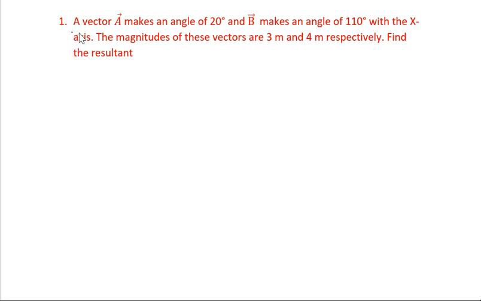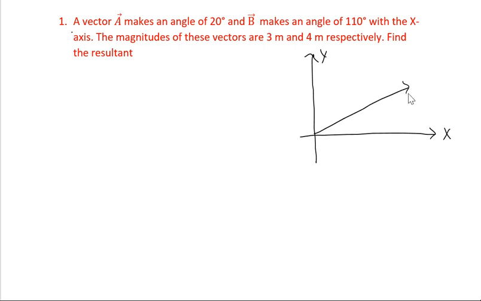The question is: a vector A makes an angle of 20 degrees and B makes an angle of 110 degrees with the x-axis. To solve this, we have to draw the diagram. This is the x-axis, this is the y-axis.